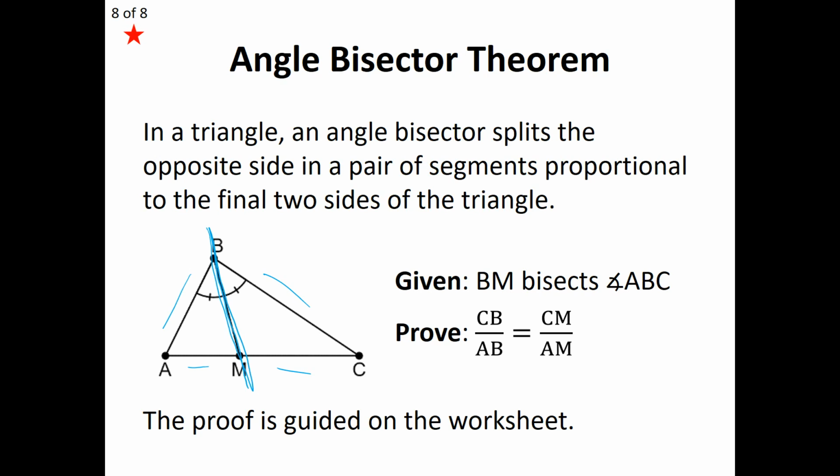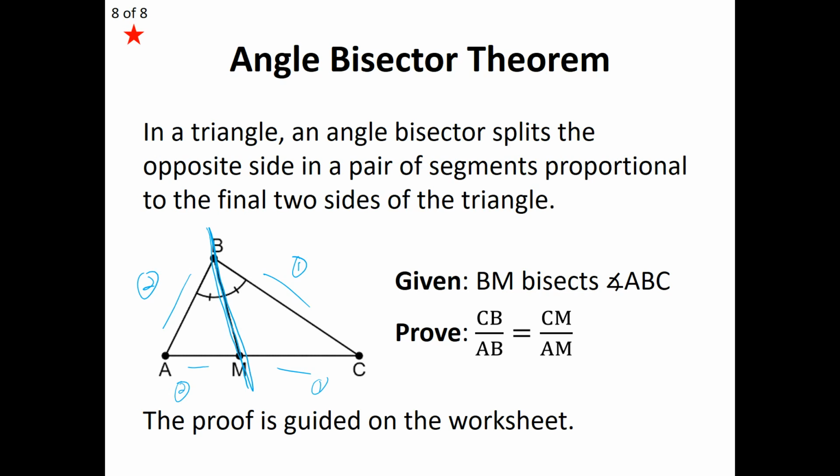And then for my third side, notice it gets cut into two parts. I ratio it again from whatever side I started on to this corresponding segment on the other side. So CB ratio to AB, right? I'm going from this first side here to the second side over here. That's my first ratio. I again have to start on the first side and then go to the second side with my second ratio. So CB to AB is going to be equal to CM to AM.